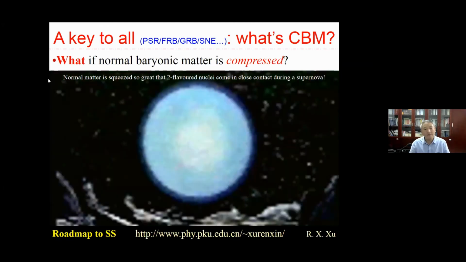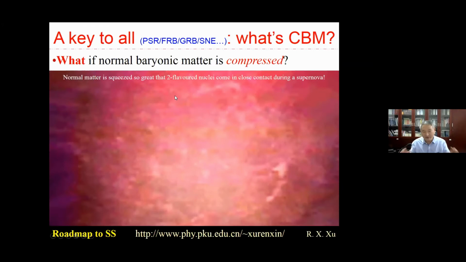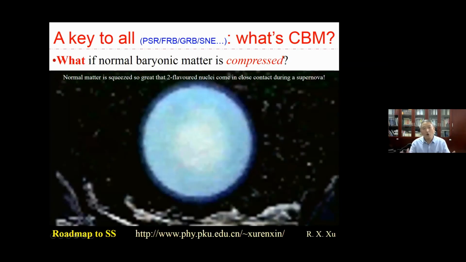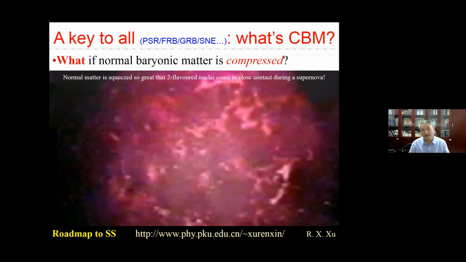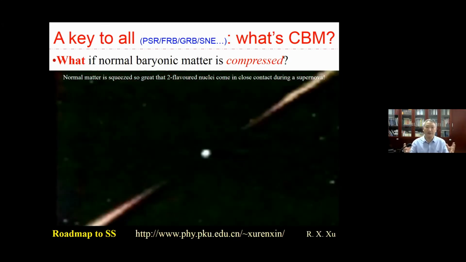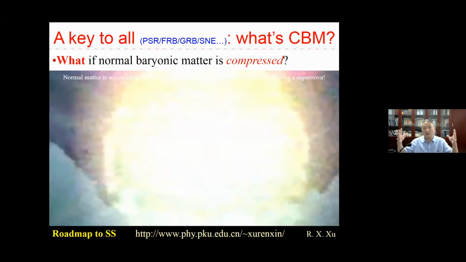So at that time, normal baryonic matter should be squeezed very strongly to form a so-called giant nucleus. That means normal atomic nuclei come closer and closer into contact with each other.